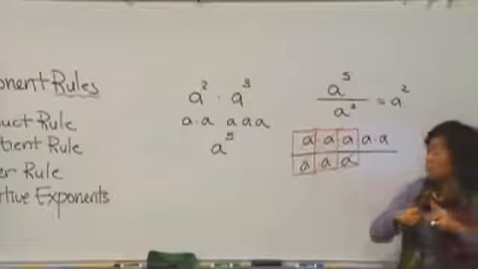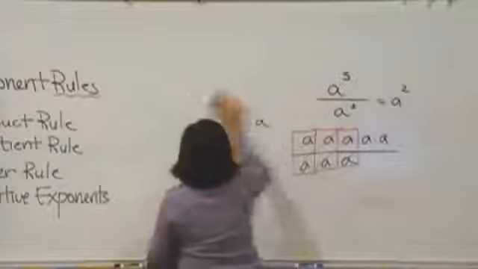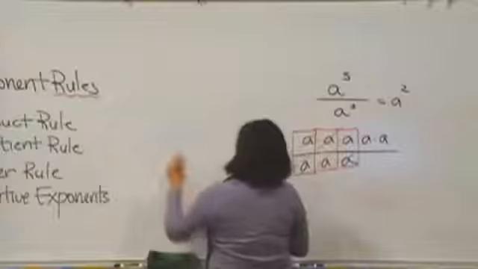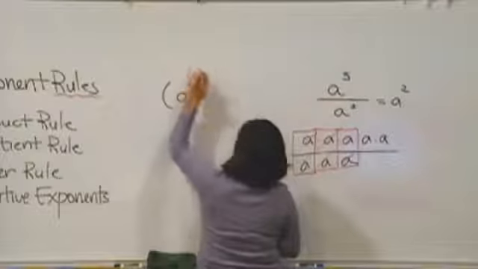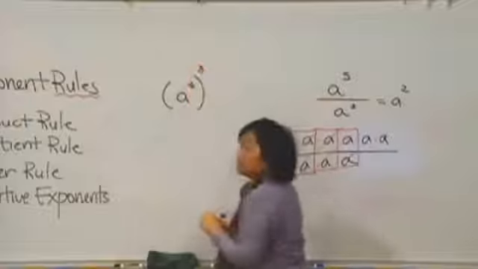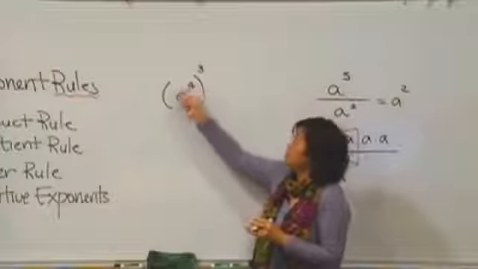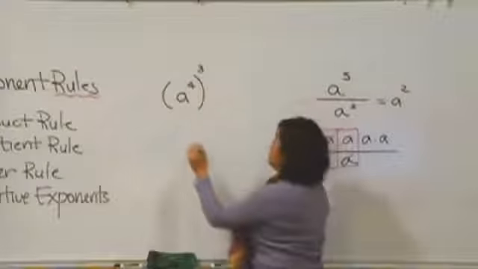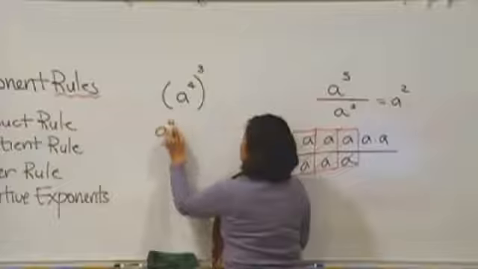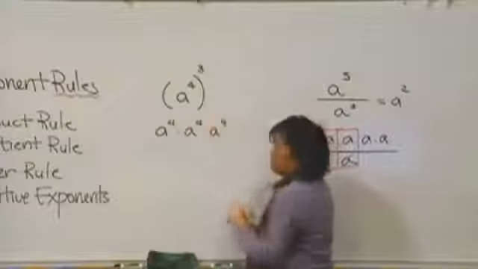The last one I'd like to review with you is the power rule. So let's take a look at a power. That would be something like this: a to the fourth to the third power. So again, what would this mean? This would mean we're going to take a to the fourth and multiply it by itself 3 times. So a to the fourth times a to the fourth times a to the fourth.